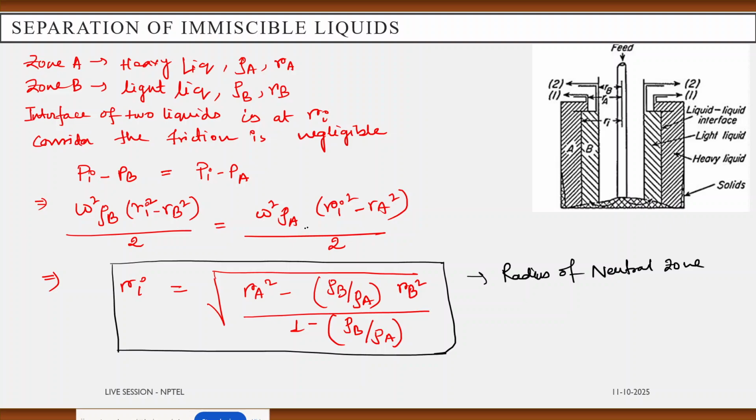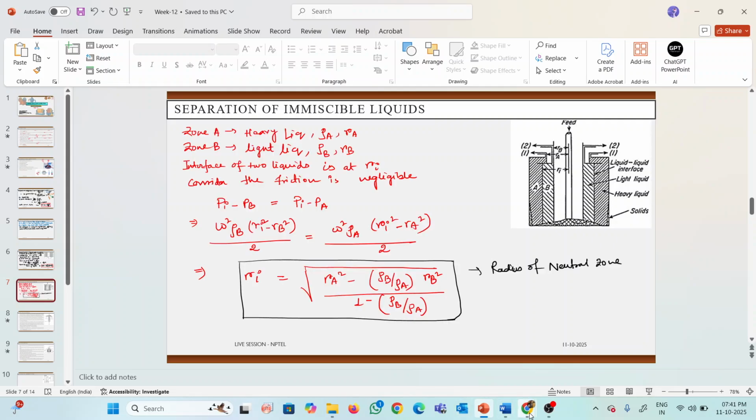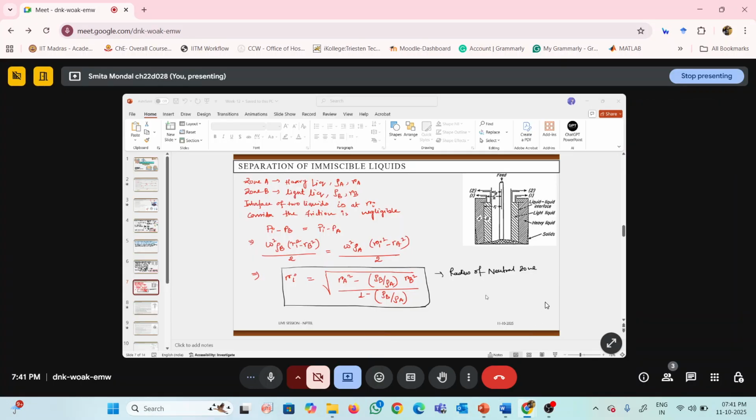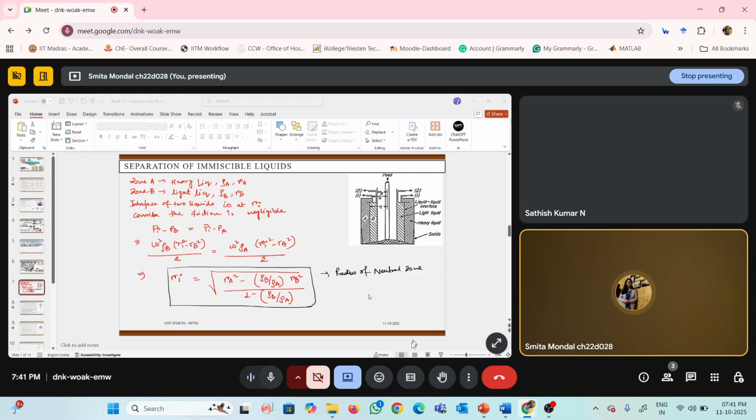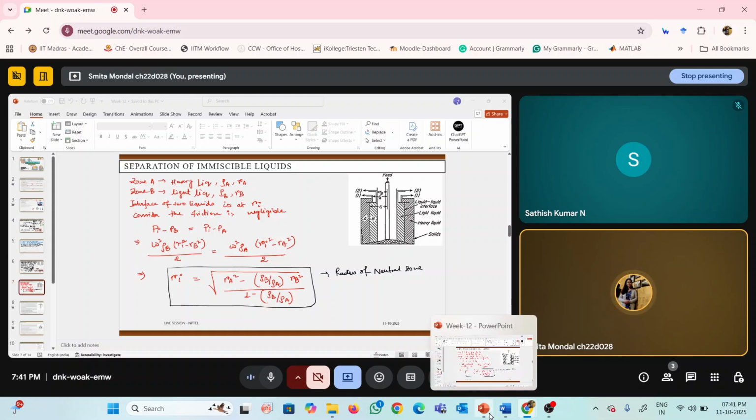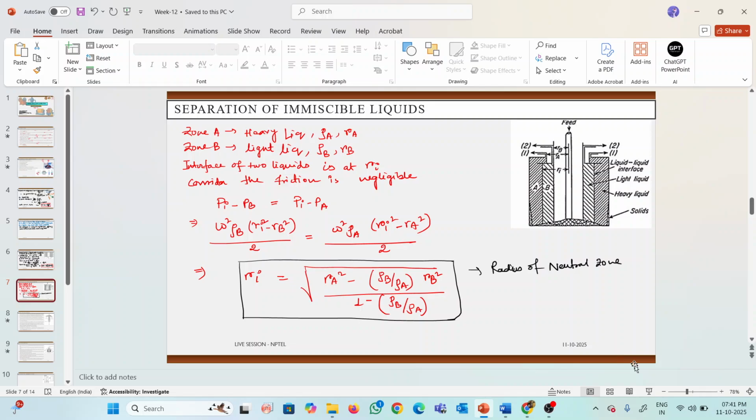Stable operation means good separation between the solids and the two immiscible liquids. Generally, with immiscible liquids, these are operations where the gravitational process becomes very difficult to carry out.